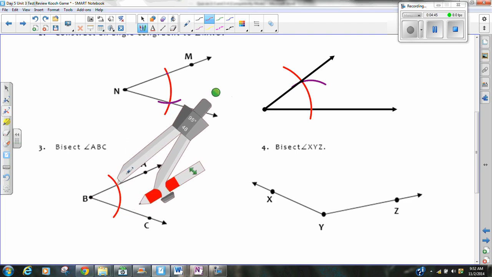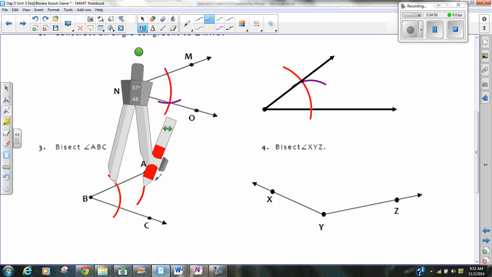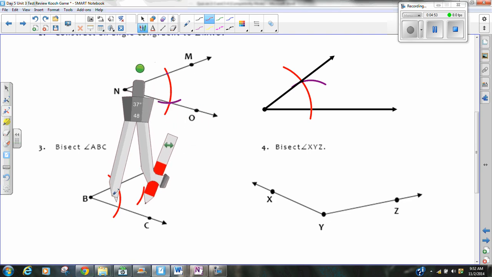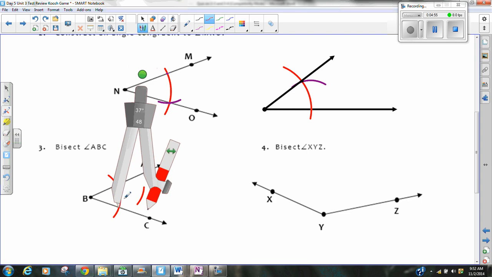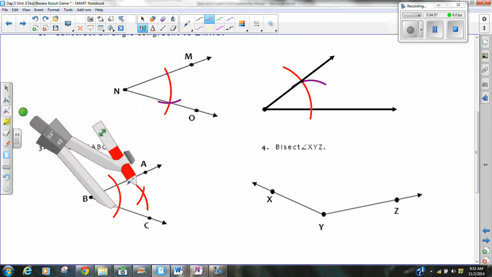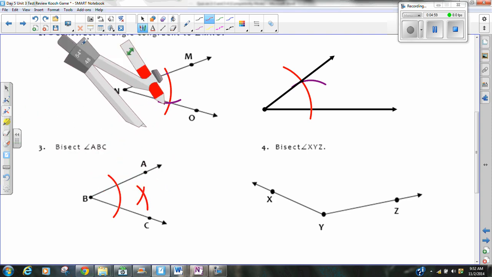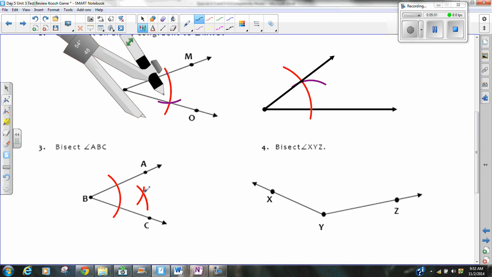And my compass is over halfway, so then I'm going to make the arcs in the middle that's equal distance from the 2 points I created earlier. That is now the connection that I made to create a point of intersection that I am then going to take and draw a ray from B through that point. And there's my angle bisector.